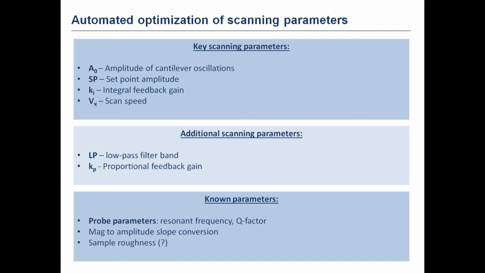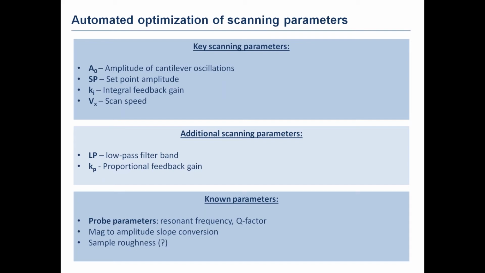All these four parameters drastically influence the quality of the AFM results. There are also two additional scanning parameters: the low pass filter band and the proportional feedback gain. And the AFM user has to adjust all these 4 or even 6 parameters at the same time, like a multi-handed person, to get the proper image.